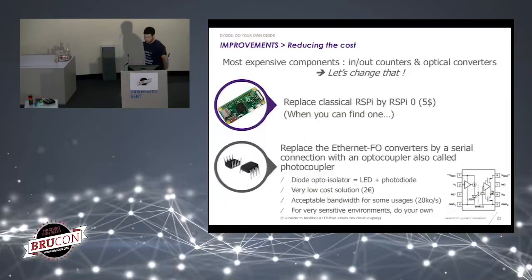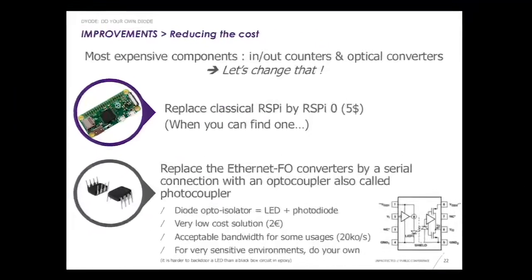Okay, so to reduce the cost, what did we do? We changed the Raspberry Pi by Raspberry Pi Zero, which are about $5 each when you can find one. It's quite difficult to find one. And actually the problem I have today is that the latest version have built-in Wi-Fi.